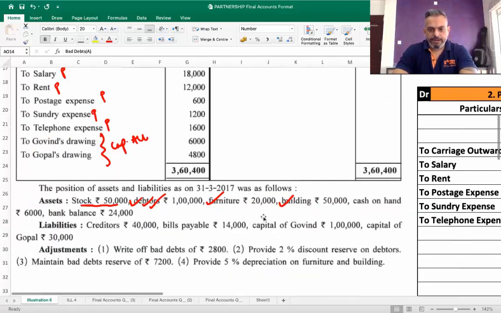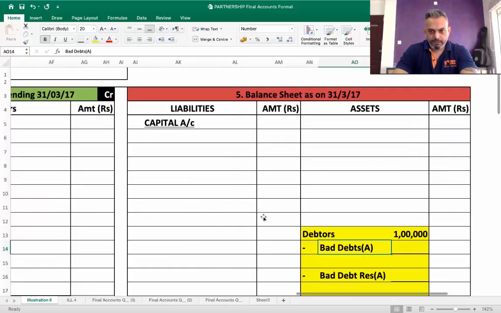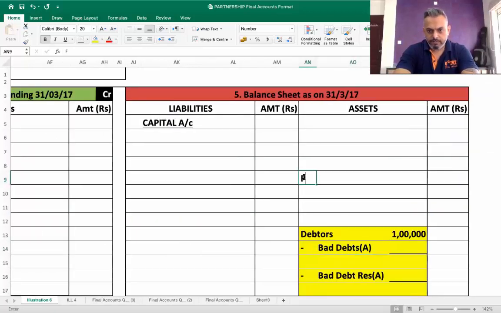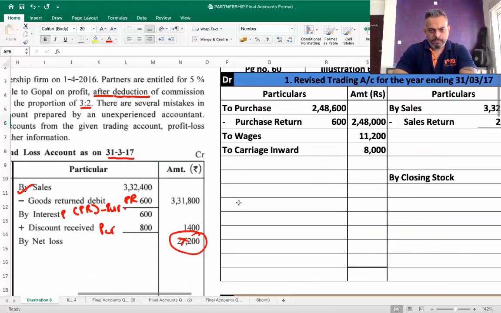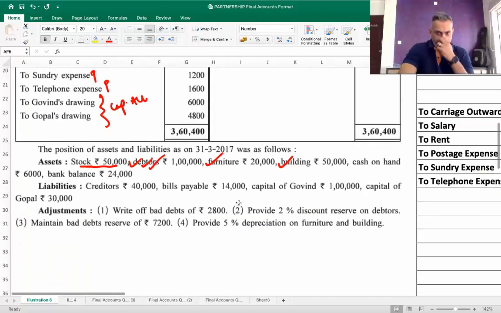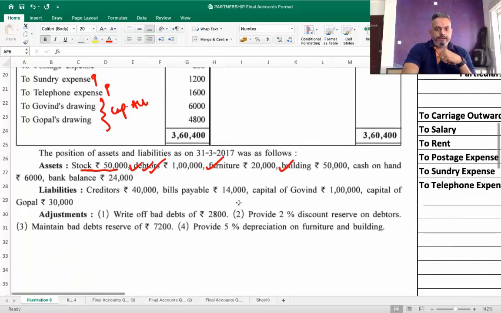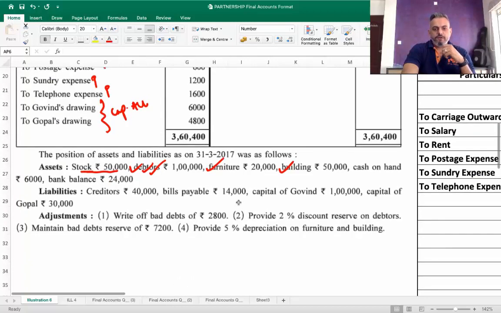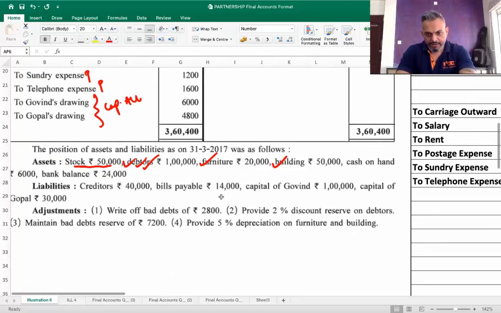Furniture 20,000, building 50,000. I'll write furniture 20,000, building 50,000. Cash on hand. Now cash on hand is 6,000 and bank balance 24,000.